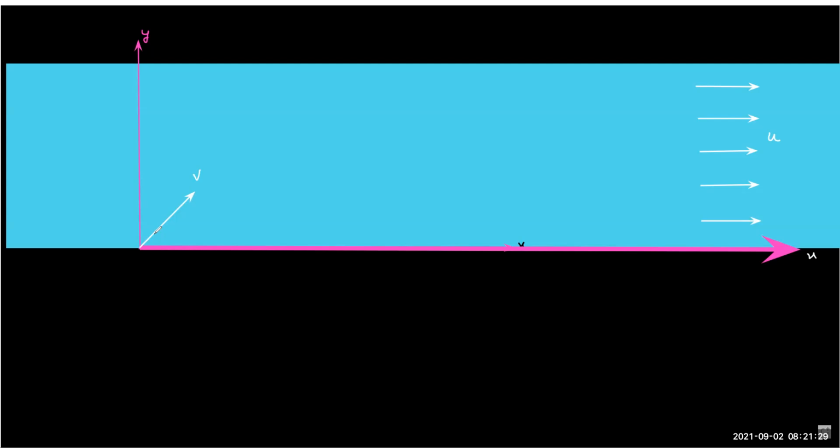The angle of the swimmer's velocity with respect to the flow direction is theta. This direction is the line of heading.